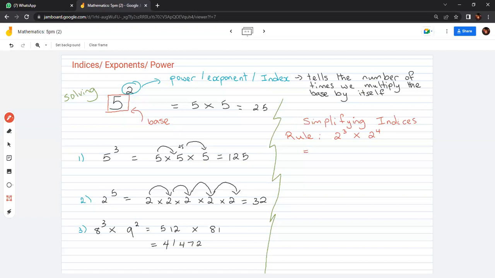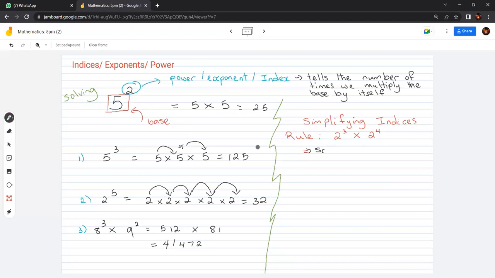Now there's a rule that says once your bases are the same, and you're multiplying, right?